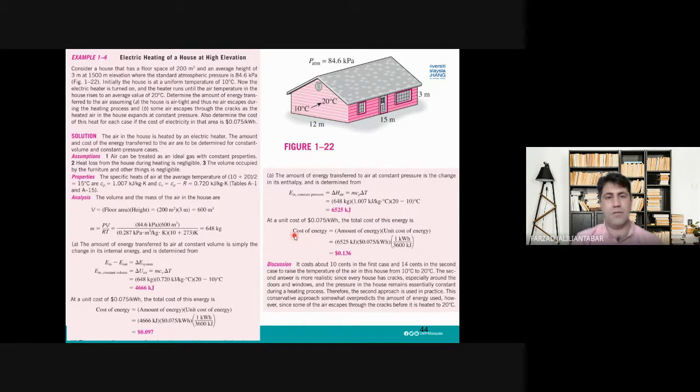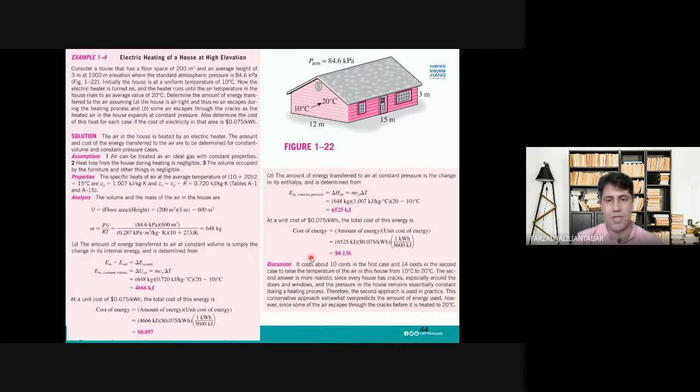So this time again, to calculate the cost of the energy, the unit cost is constant. We need to multiply the amount of energy times the unit cost of the energy. Similar calculation. This time the value will be higher than the previous one, which is $0.136.